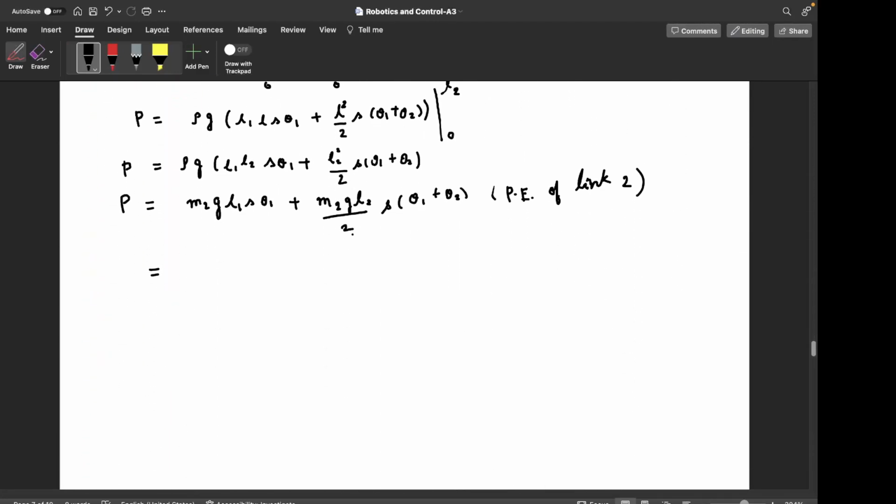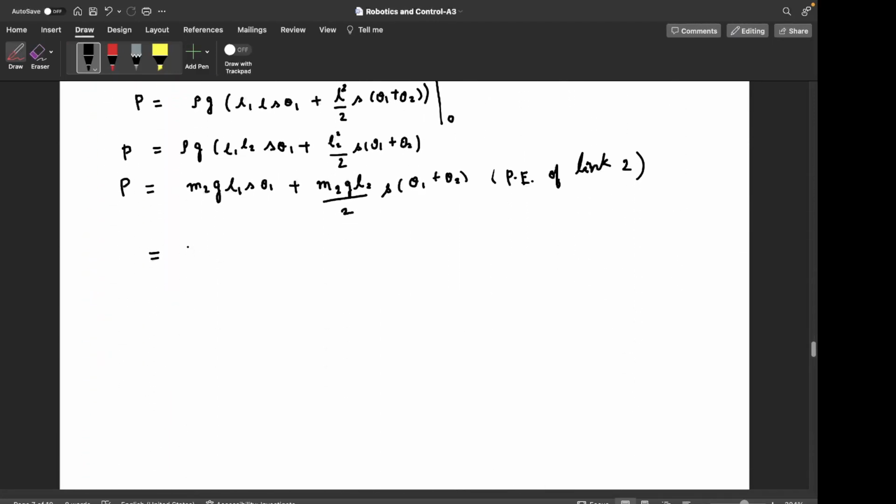Okay, so the first term would be 12 into 10 into 3, theta 1 was pi by 6, so half, plus M2 is again 12 into 10 into L2 is 4 by 2, and since theta 2 is 0, so again this is pi by 6 only, so 1 by 2, right?